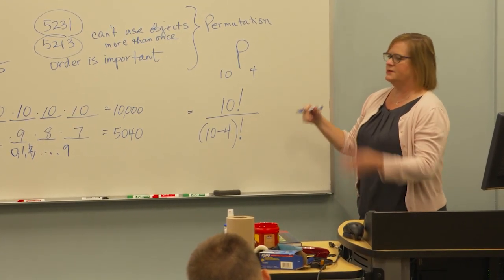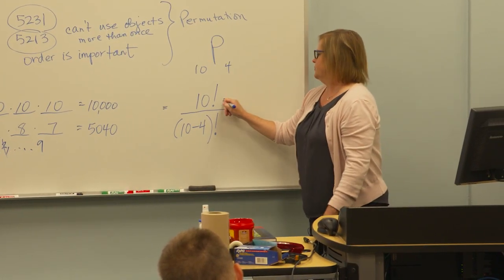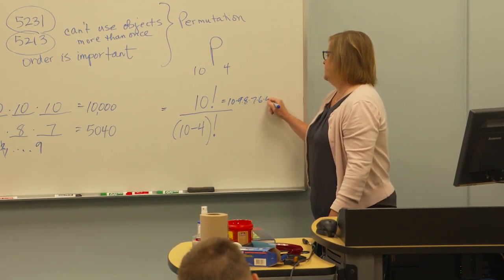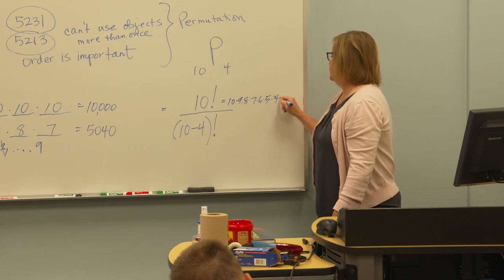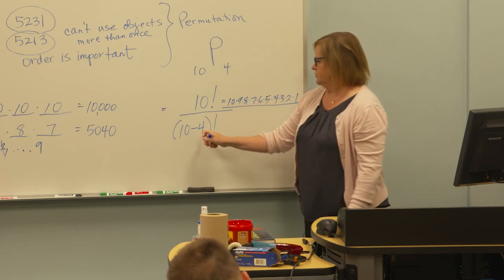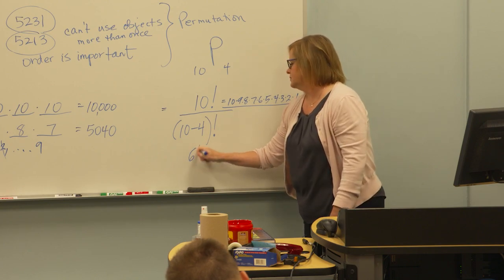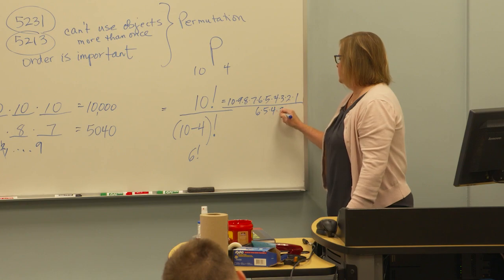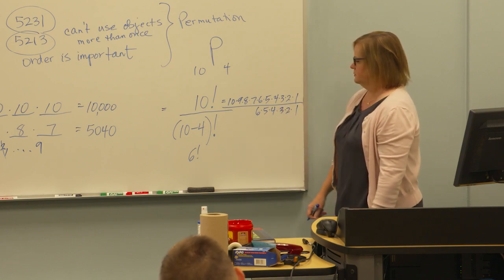So factorial means 10 times 9 times 8. So if I were to write this all out, you just keep going until you get all the way down to 1, okay? What's 10 minus 4? That'd be 6 factorial: 6 times 5 times 4 times 3 times 2 times 1.